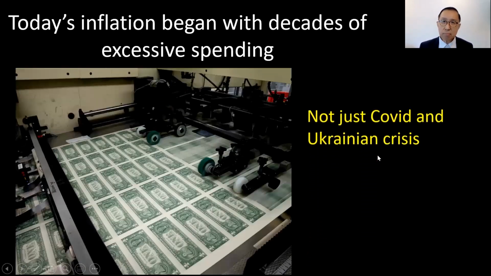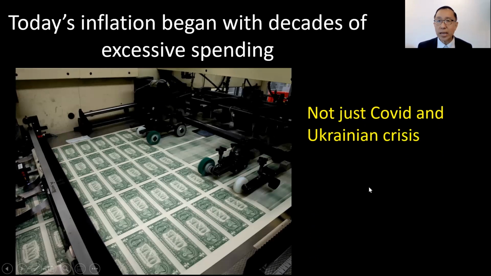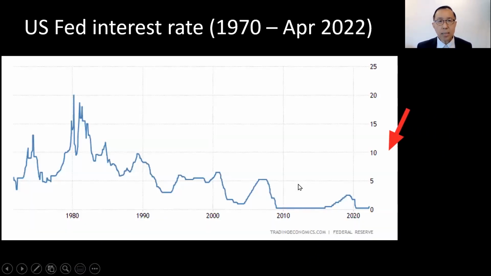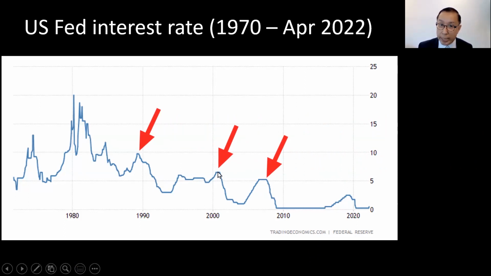Today's inflation also began with excessive spending. It's not just COVID or the Ukrainian crisis. If you look at this chart, this is the Fed interest rates over the past 40, 50 years. You see here in 1987, that was the Asian currency crisis. That's when Greenspan lowered interest rates. And then around 2001, there was the dot-com crisis.